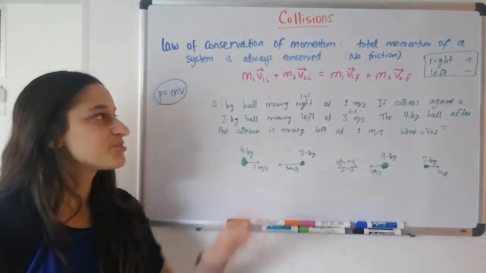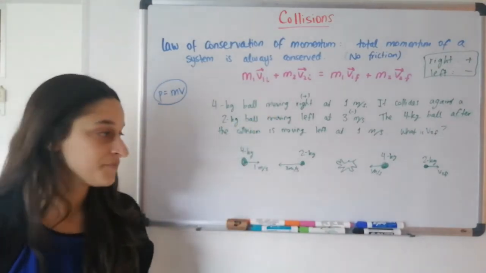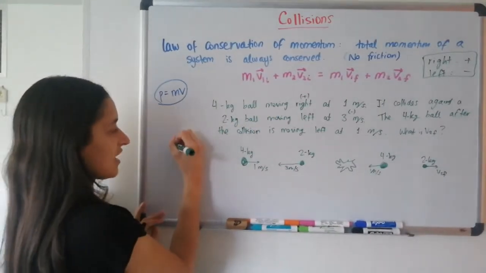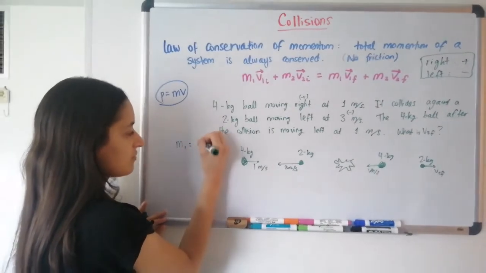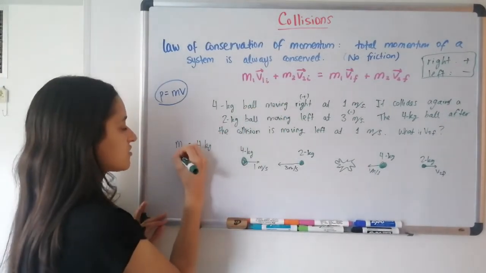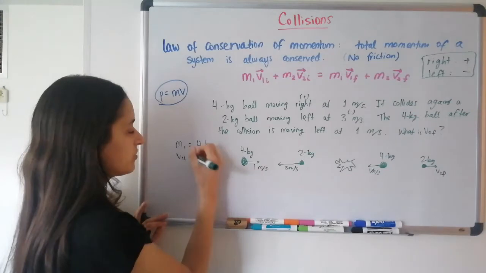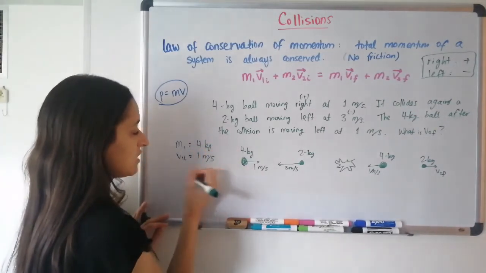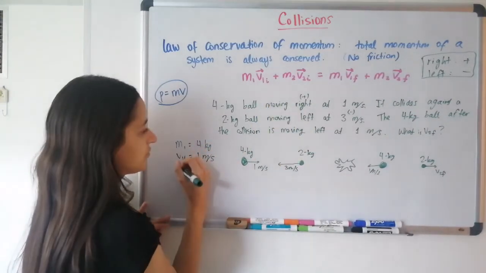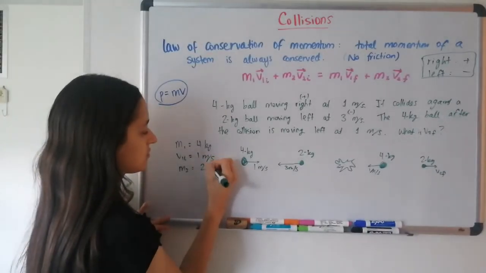So what we do now is put everything into this equation. So what we got from the problem is that M1 was equal to 4 kilograms. The initial velocity was 1 meter per second positive. The mass 2 is 2 kilograms.